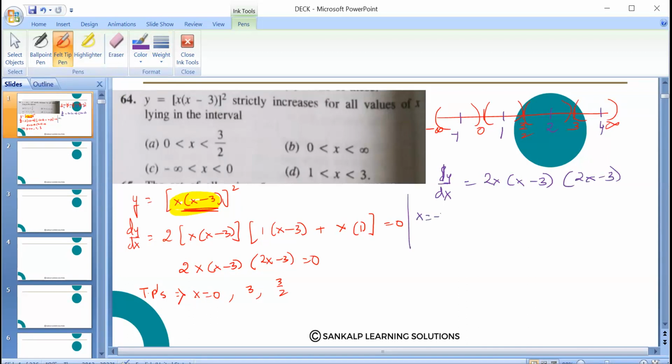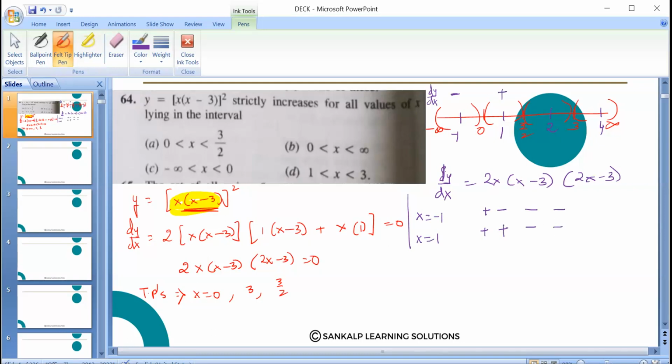When you put x equal to minus 1, 2 is positive, x is negative, minus 1 minus 3 negative, minus 2 minus 3 negative. So the derivative dy by dx is negative here. When you put x equal to 1, 2 is positive, x is positive, 1 minus 3 negative, 2 minus 3 negative.